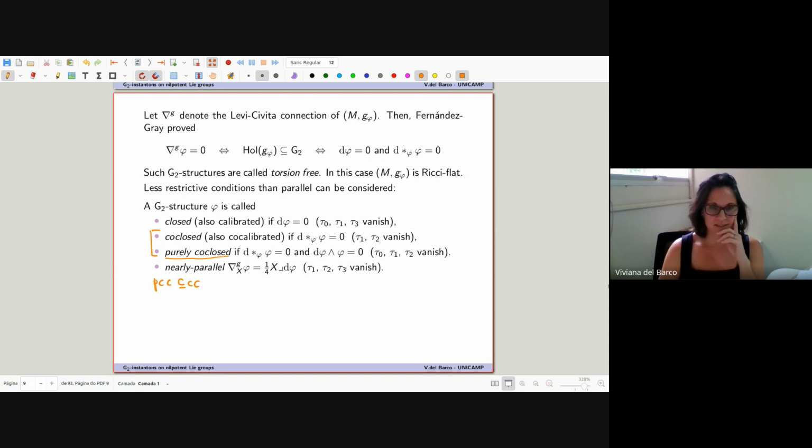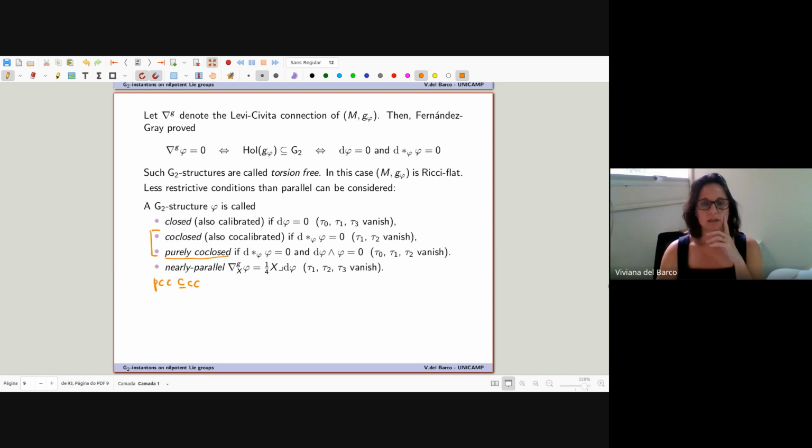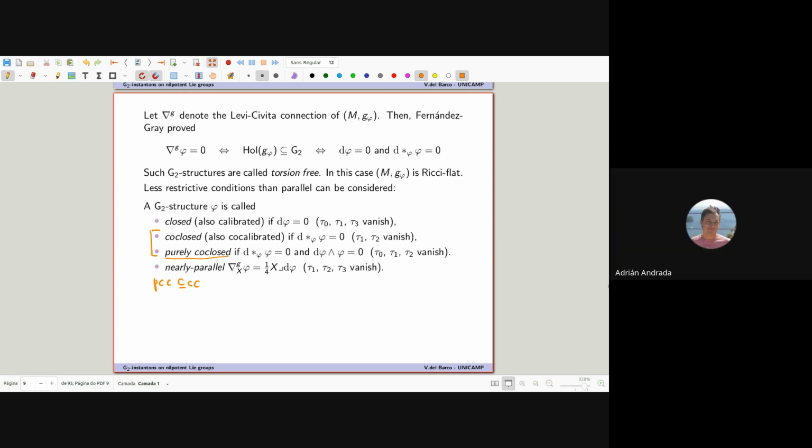But just, yes. One question. This last condition, nearly parallel, means that the 3-form phi is a Killing form? Exactly. The 3-form is a Killing form. Yeah, I wrote it like that exactly, because there is another characterization there. And there are many examples of that?